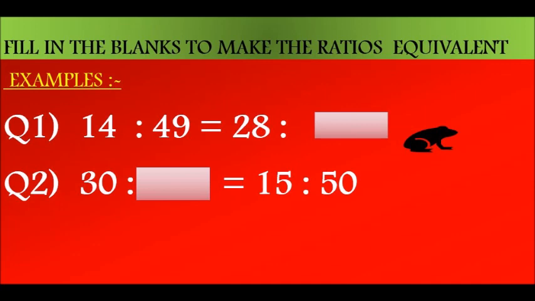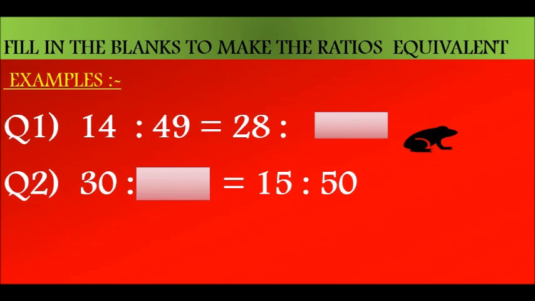Now this is simple. I will do this example for you, but it's very interesting. You will enjoy it. Okay. Now moving on to the second question, 30 ratio what is going to give us 15 ratio 50.